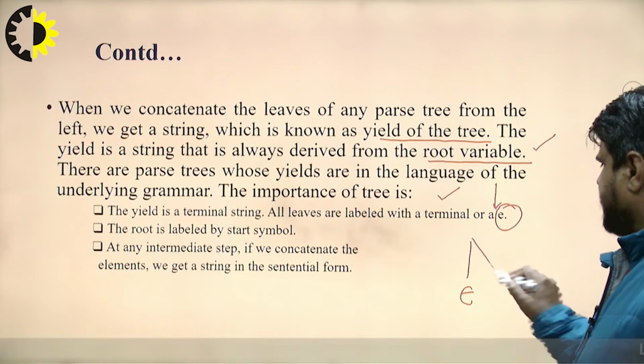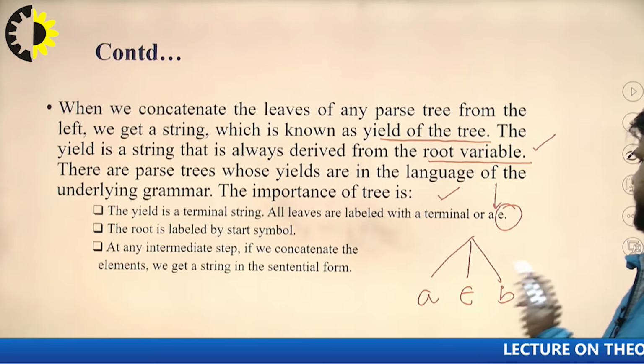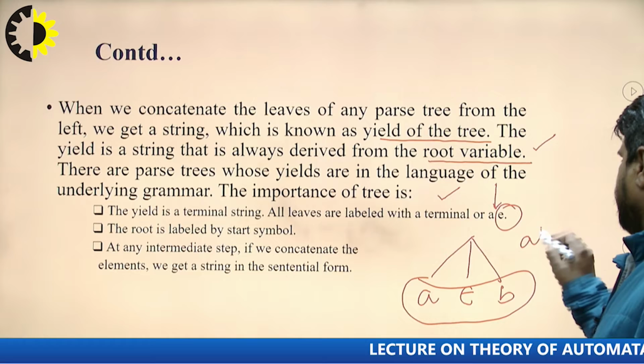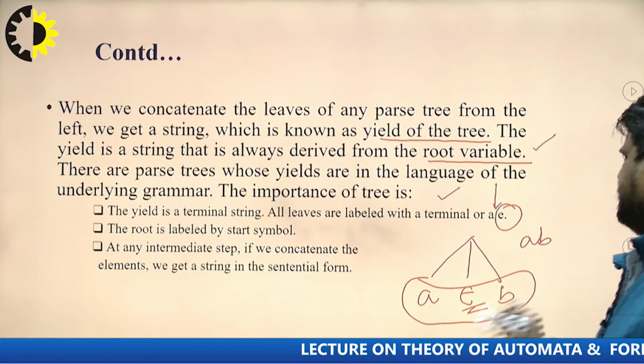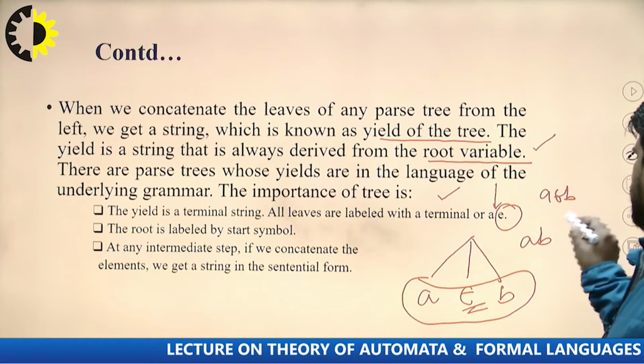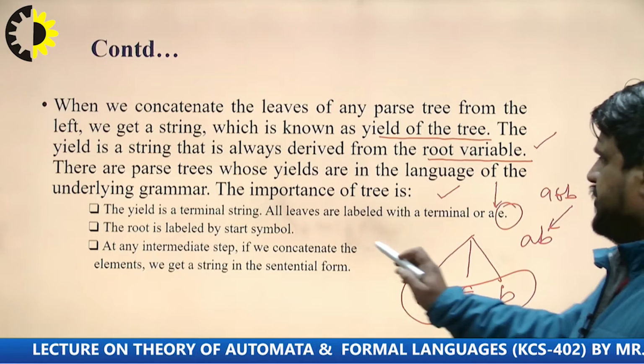So there is no importance. Suppose I have this string, let's say, A epsilon B. Whenever you find the yield point, this will be equivalent to AB because epsilon is a null string. There is no importance. Either you can write A epsilon B or you can write AB.